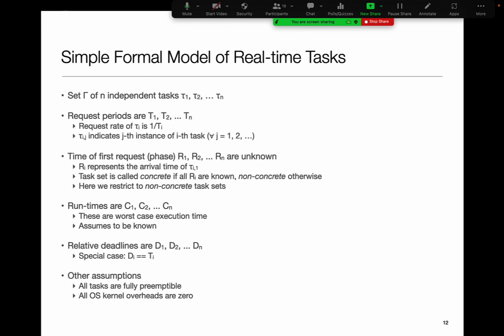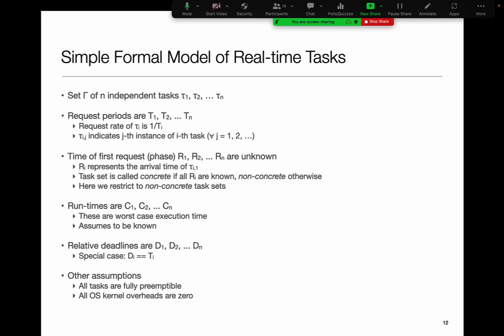And there is no rational reason to state that other than kind of basically saying that, if I have a single processor and if the deadline is more than the period, then it doesn't make sense, right? So the deadline has to be no more than the period if there is a single processor. If there are multiple processors, right, multiple cores, then there is no rational reason for d_i equal to t_i, and d_i equal to t_i may actually not be acceptable.